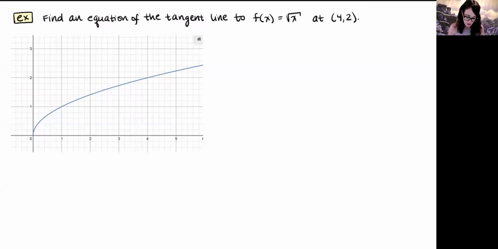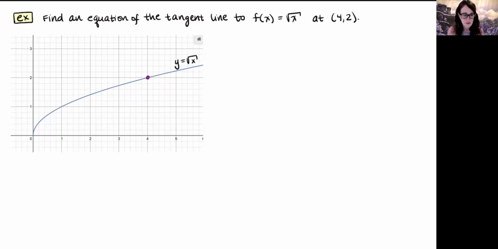So we want to look at the point 4 comma 2. So here's a graph of the function y equals the square root of x. And the point 4 comma 2 is right here. When you plug a 4 into the function square root of x, you get 2 out.